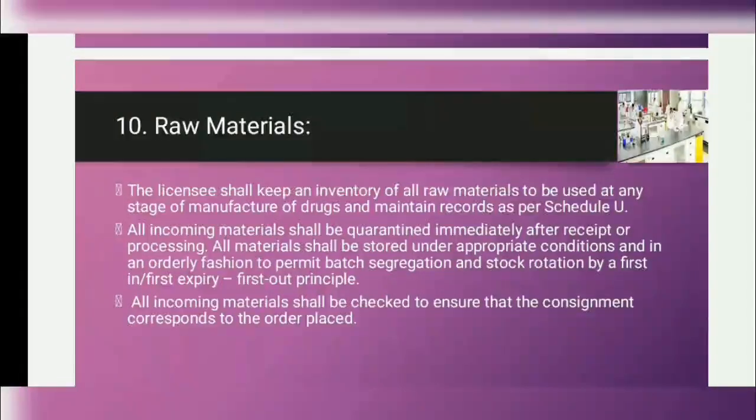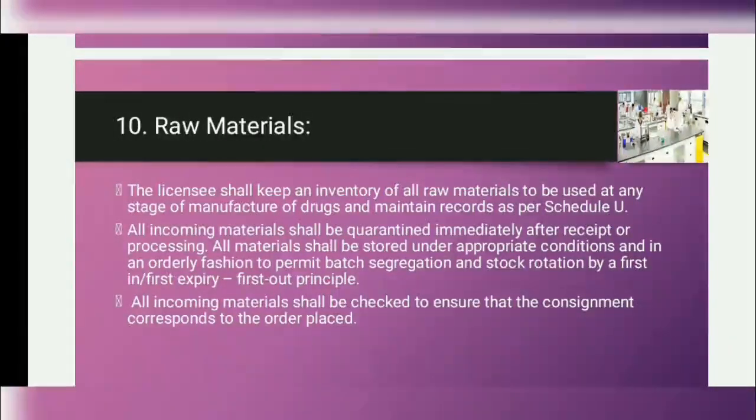Let us see about raw materials. What are the GMP requirements for raw materials? The licensee must keep an inventory of all raw materials to be used at any stage of manufacture of drugs and maintain records as per Schedule U of the Drugs and Cosmetics Act.